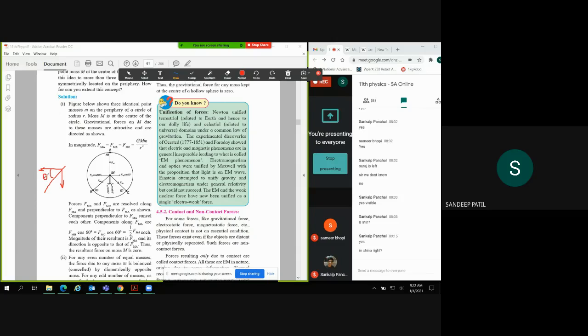So if the angle is theta, and this is the force F, this is F cos theta, and this is F sin theta. So any force, if it is making an angle with respect to our reference, okay. So here this is a reference, right? We can take it as a reference.